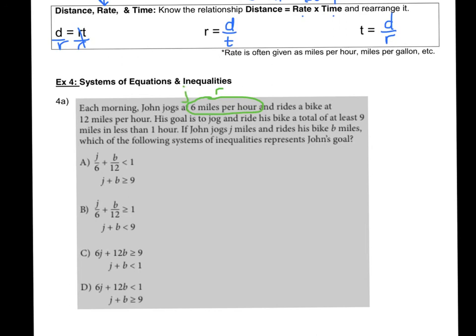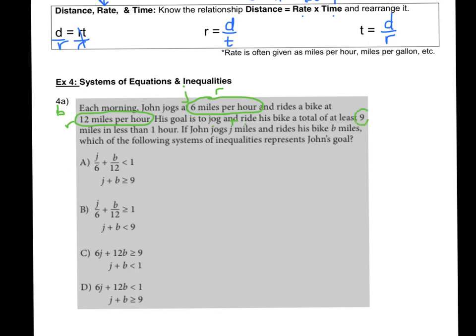Okay? And he rides a bike at 12 miles per hour. So the rate on the bike is 12 miles per hour. That's our rate. And he's biking. His goal is to jog and ride. So he's doing these things together for a total, when you add 2 things up, you get a total of at least 9 miles.